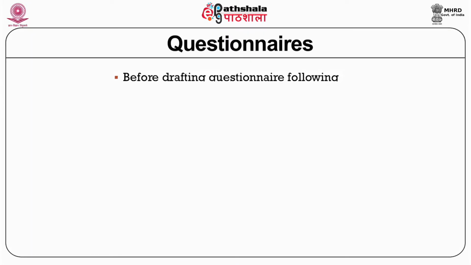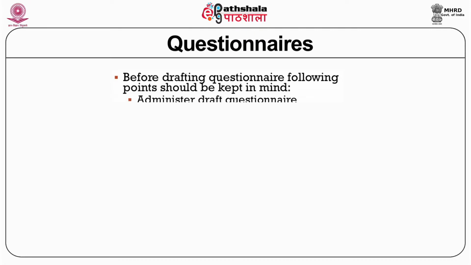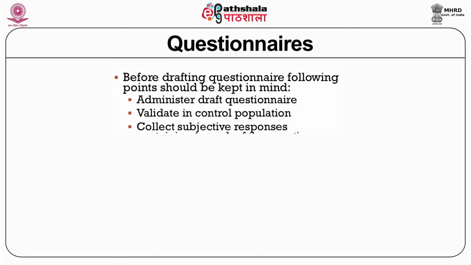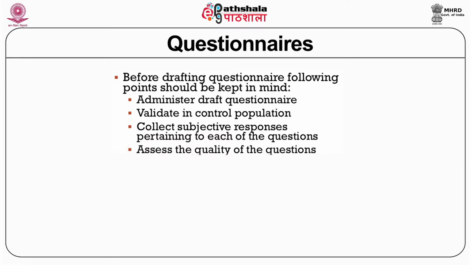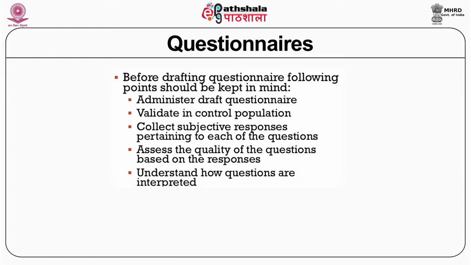First, you administer that draft questionnaire. Second, you validate the same in the control population. Third, you collect the subjective responses pertaining to each question. Next, you assess the quality of the questions based on the responses. So you should always go back.